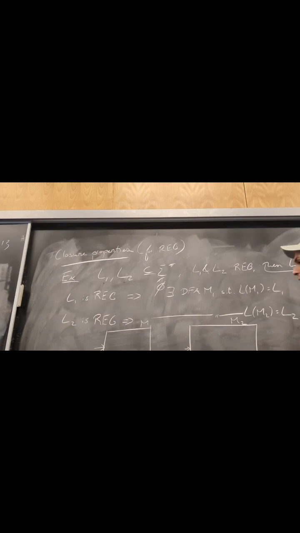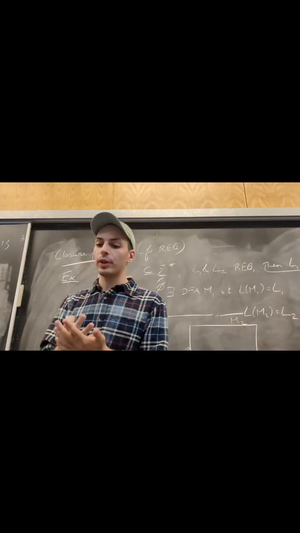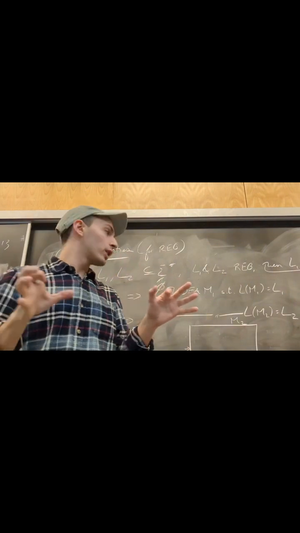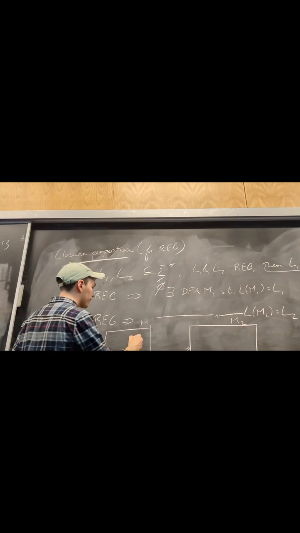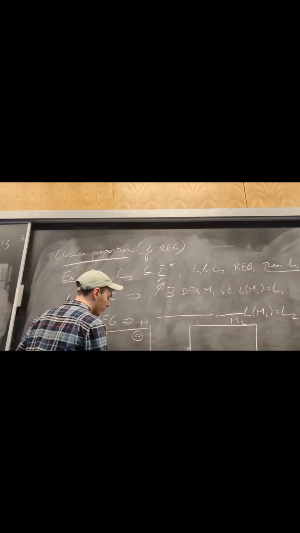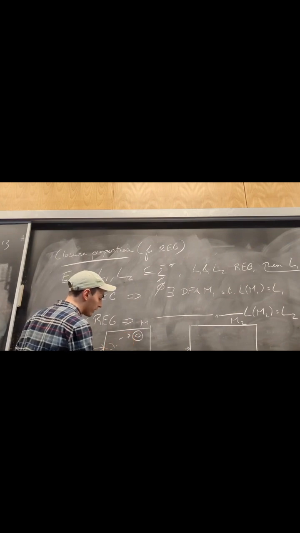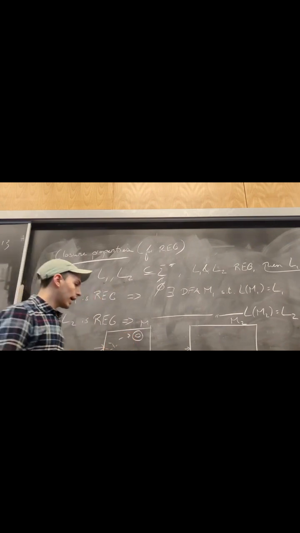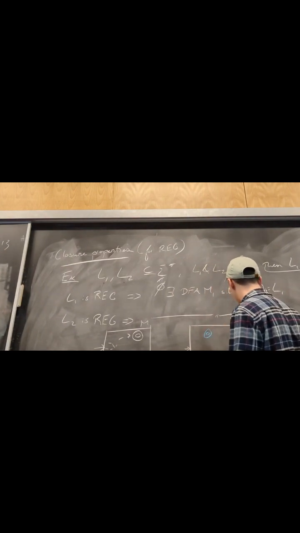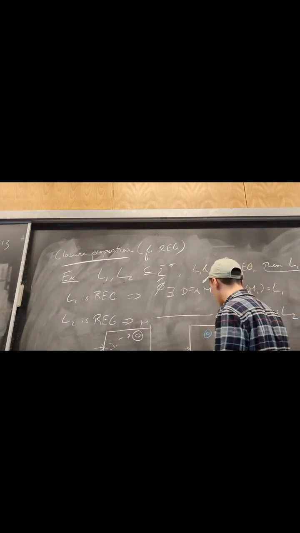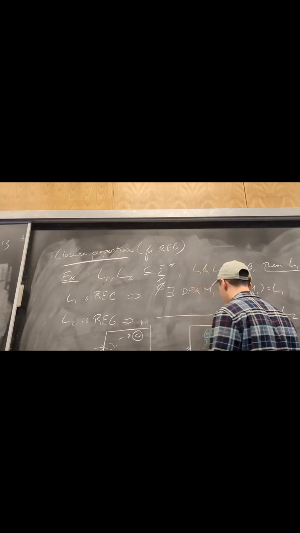So the idea that was just mentioned is, I want to accept the language that's the union of both languages. This machine M1 accepts all the strings that go to these accept states. And the machine M2, it's the same thing. It accepts all the strings that go to all of these accept states.